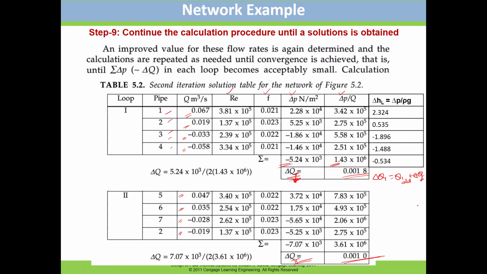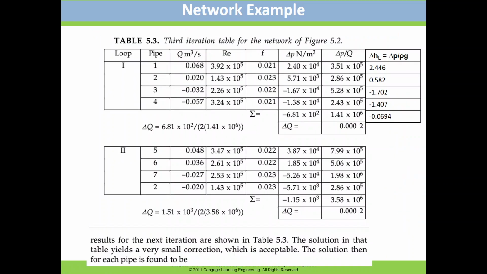When you revise all the discharges, you can prepare the table for iteration 3. These are your corrected discharges. Then you prepare the table for iteration 3, and again find delta Q.